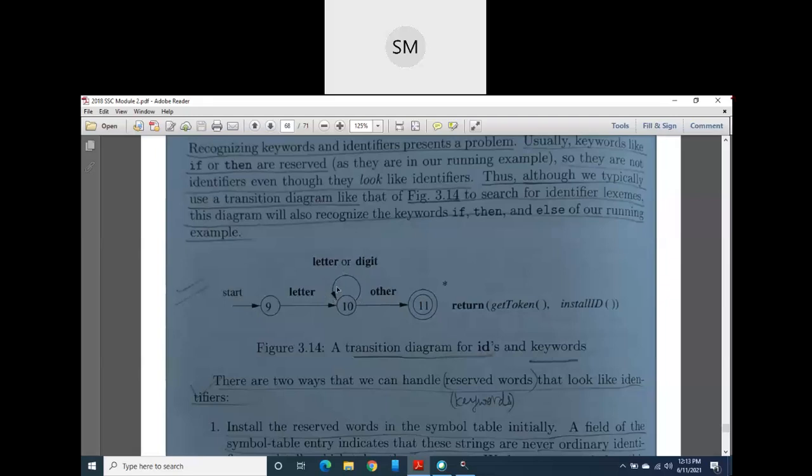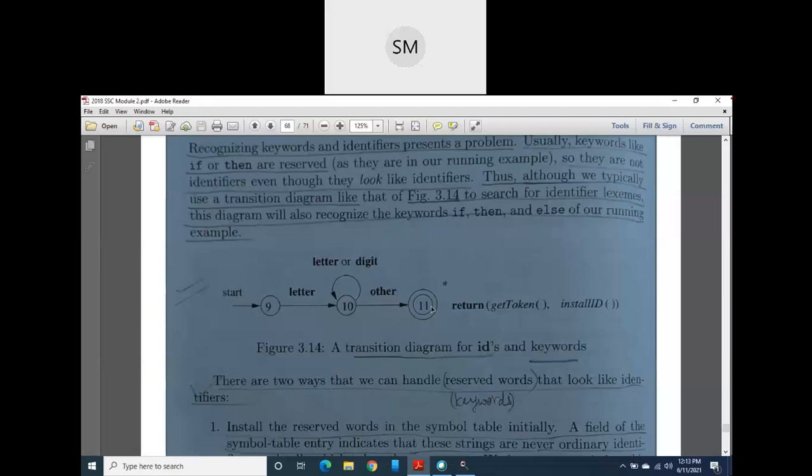Once all the letters or digits are completed, if anything different comes apart from a letter or digit, any other symbol, then you move on. For example, in our C program you have defined three variables: a, b, sum.